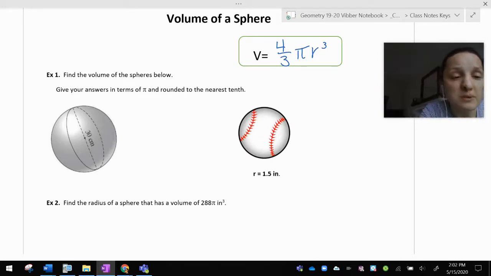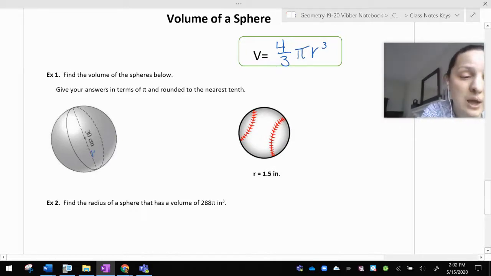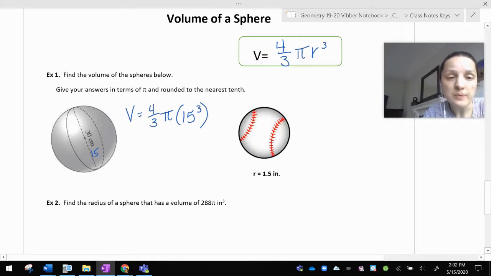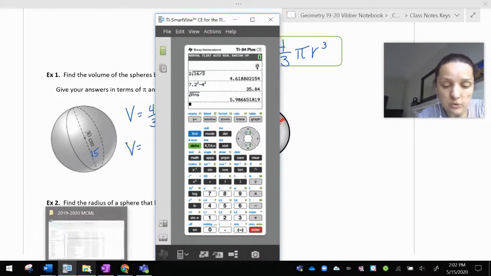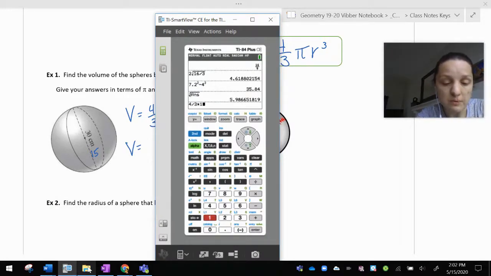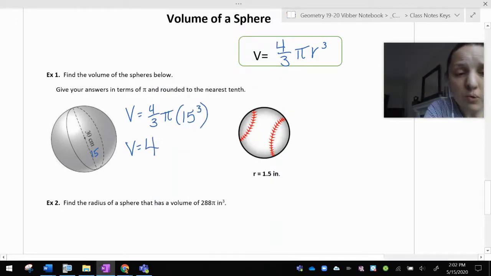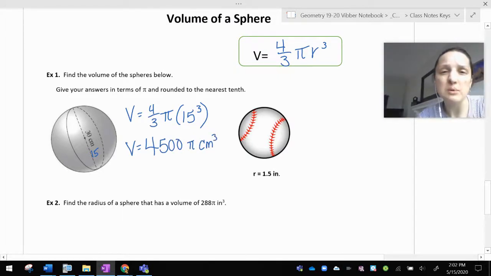So it says find the volume of the spheres below. Well, if I have this basketball looking thing and the diameter is 30 centimeters, I know my radius is 15. So the volume is 4/3 pi 15 cubed. And if I want to do that in terms of pi, I'm going to do 4/3 times 15 cubed and get 4,500. 4,500 pi cubic centimeters.